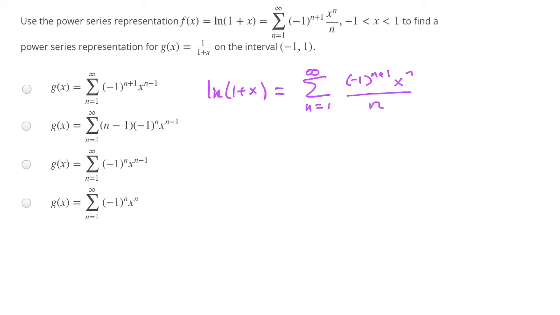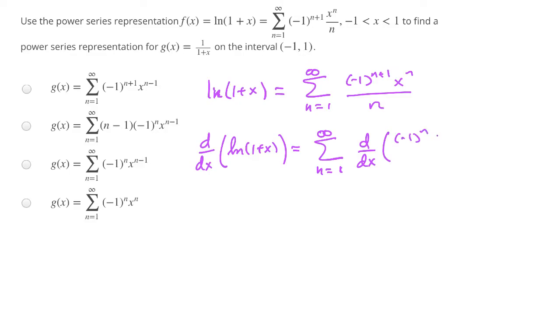Well, if we take the derivative of both sides, the derivative of the natural log of 1 plus x is also going to be the derivative of the power series taken term by term. That's going to be the derivative of minus 1 to the n plus 1, x to the n over n. Our coefficients just depend on n, so those are just constants. We pull them to the outside.